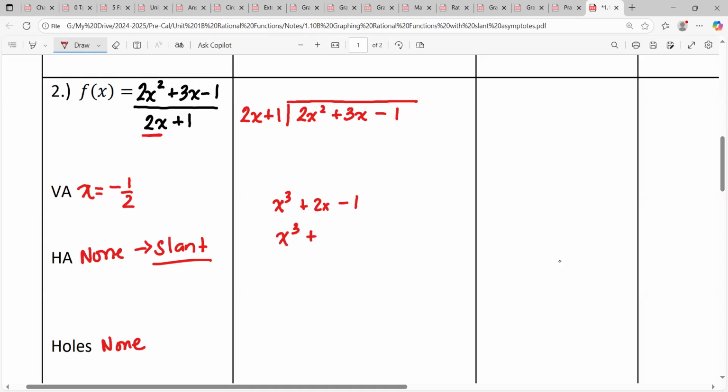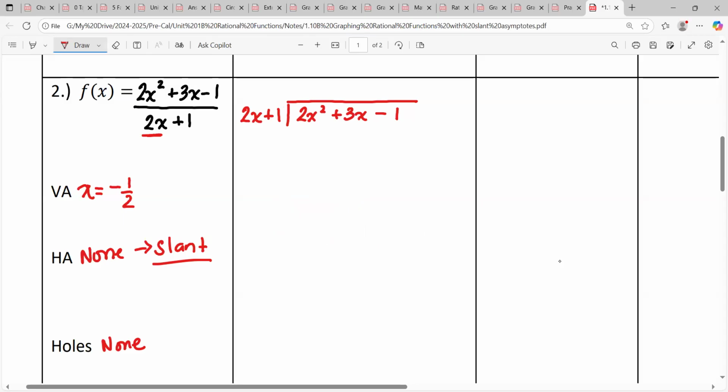If anything is missing, just fill it in with a 0, because you have to do that for synthetic anyway. Okay, so if any term is missing, going from the highest to the lowest, fill it in with a 0. And that means on the inside and the outside. Okay, it just makes your life a little easier. Everything will line up nicer.